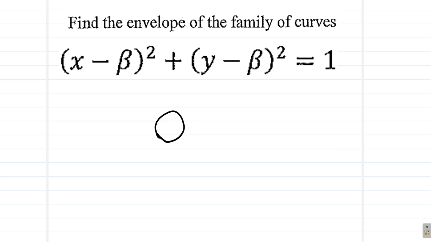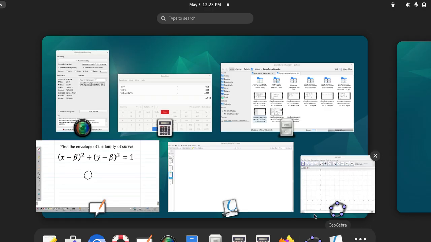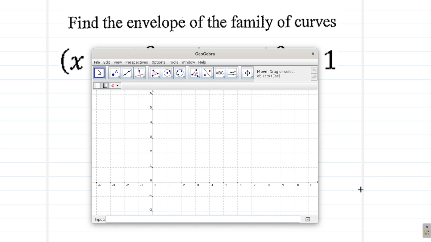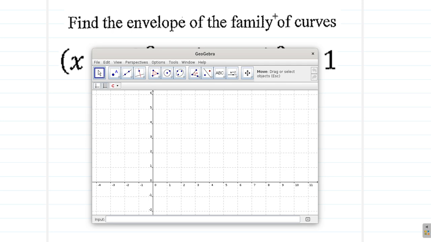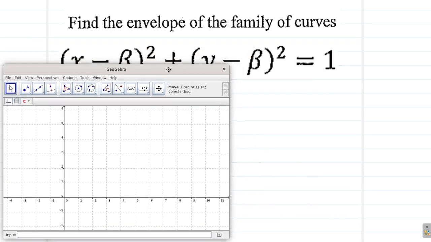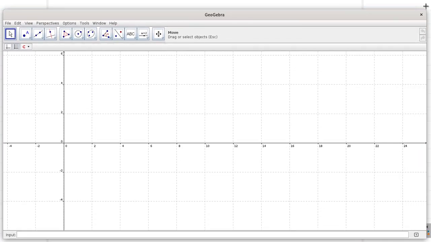Let's look at some examples in GeoGebra. I'm going to plot some of these curves. Suppose you have, hold on there, I want to resize this thing. Alright.